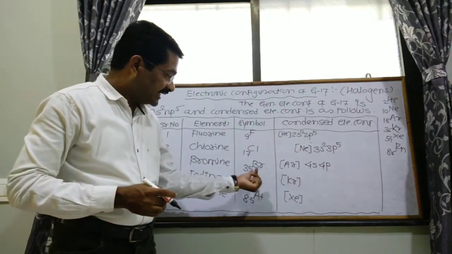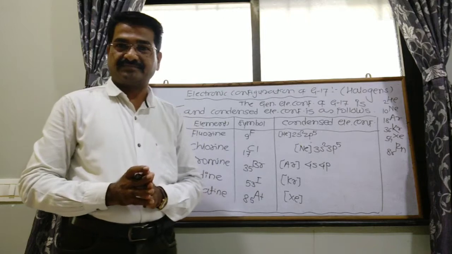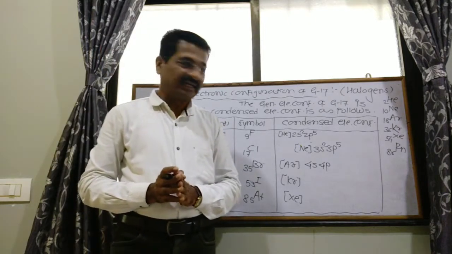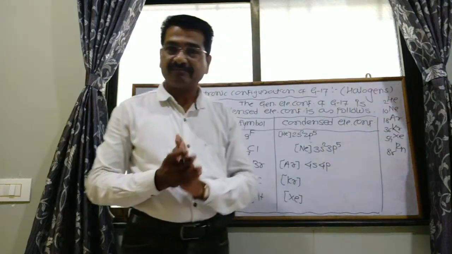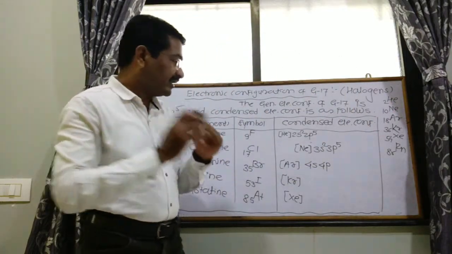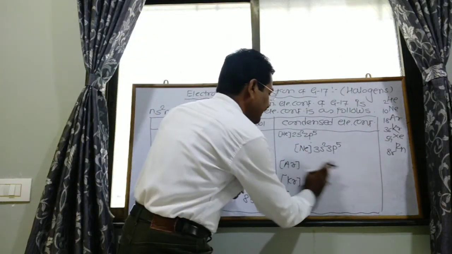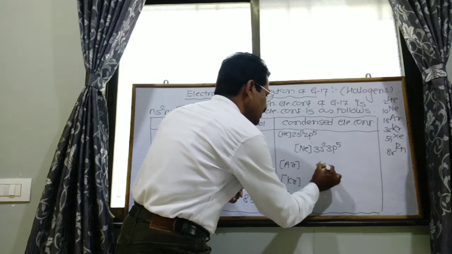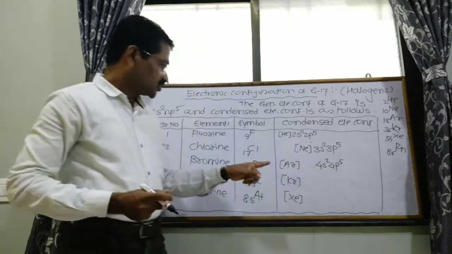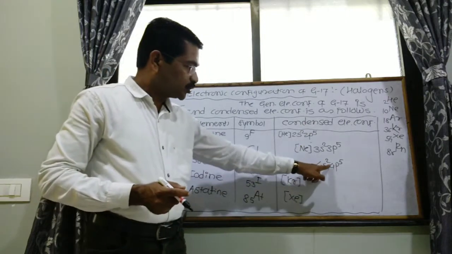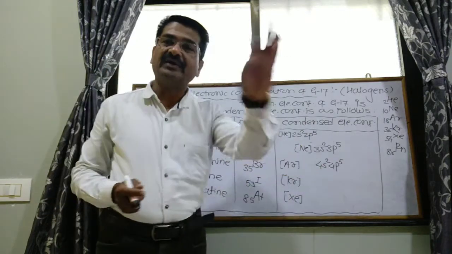But bromine contains 35 electrons. Out of that, 18 go to argon. Then after that, 4s contains 2 electrons and 4p contains 5 electrons. So 18 plus 2 is 20, plus 5 is 25.